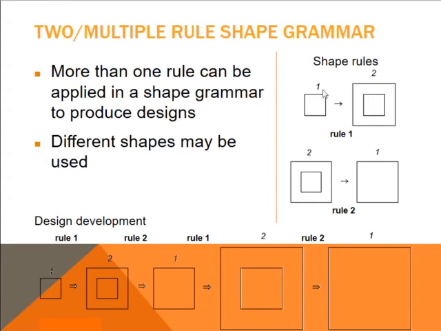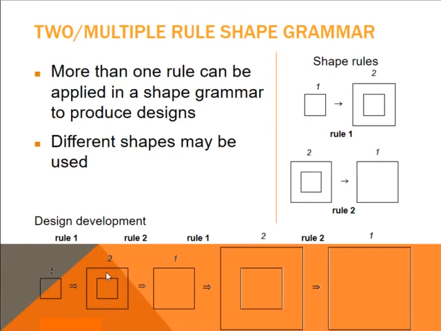So in rule number two, basically you already have this arrangement. You have two squares, the bigger one and the small one, and then the rule specifies that you remove the smaller square, then just leave the bigger square. Right. So during the design development process, you start off with the smaller square, and then you apply rule number one, you get the bigger square on top of the smaller square, and then you apply rule number two.